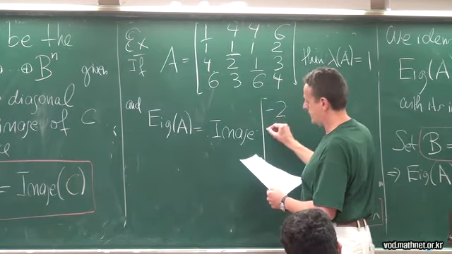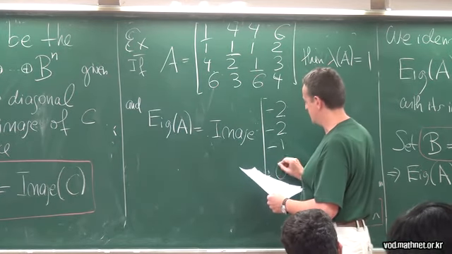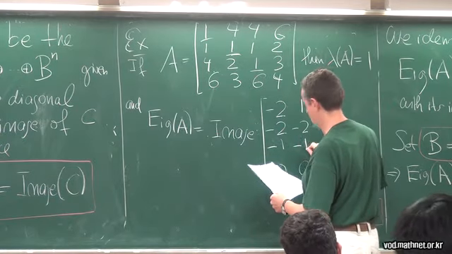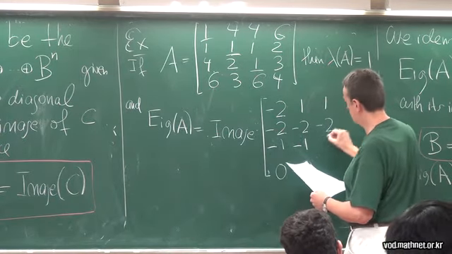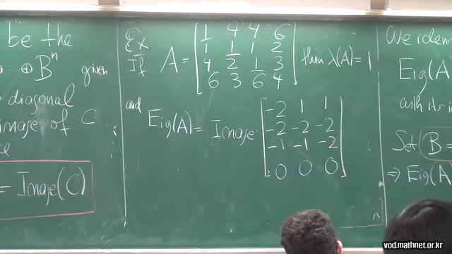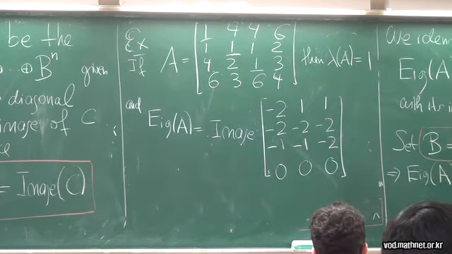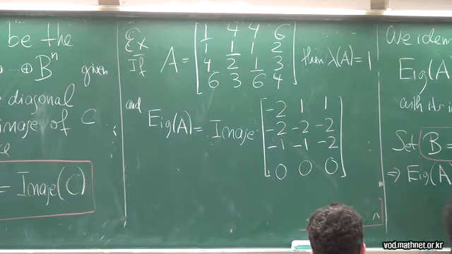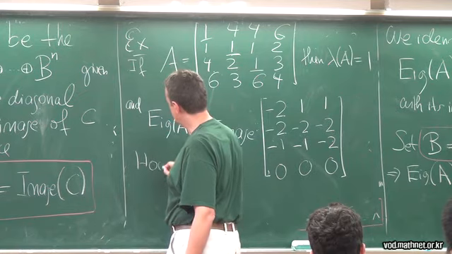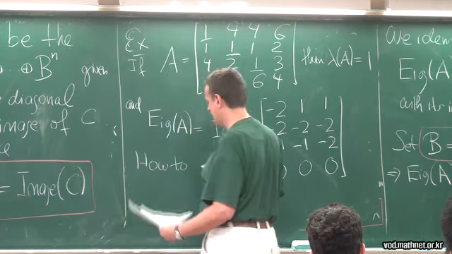So we can do this: -2, -2, -1, 0, 1, -2, -1, 0, 1, -2, -2, 0. By the image, I mean all vectors in R⁴ that are tropical linear combinations of the 3 columns. Right? So that's how matrix multiplication works. Okay. So the question I would like to address in the second hour today is how to draw this.